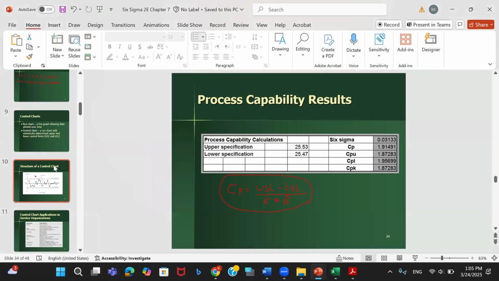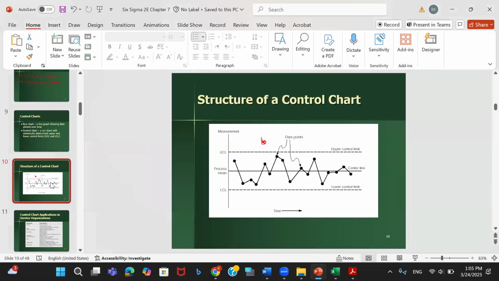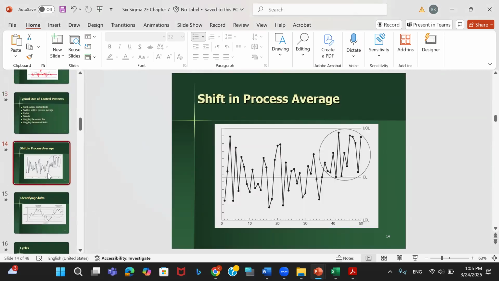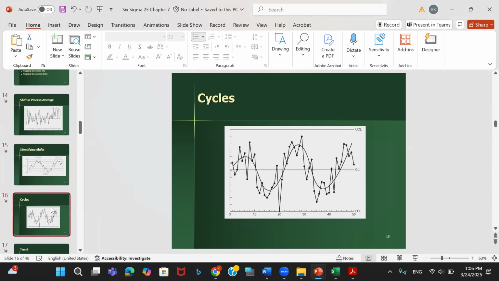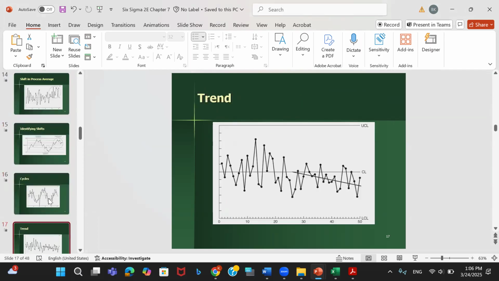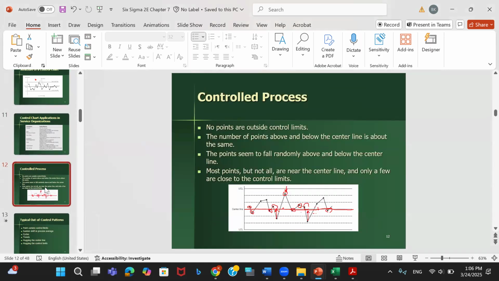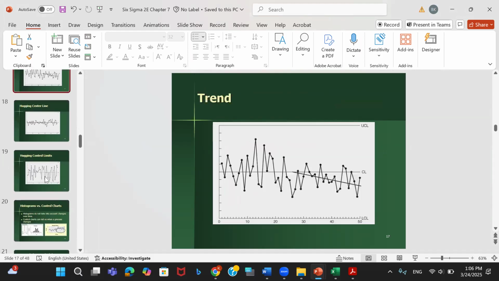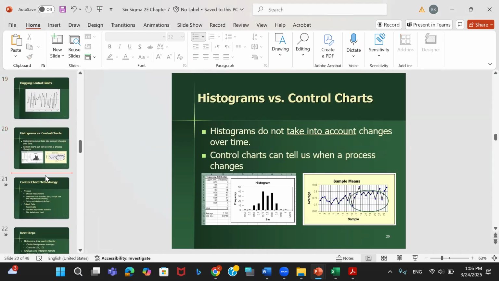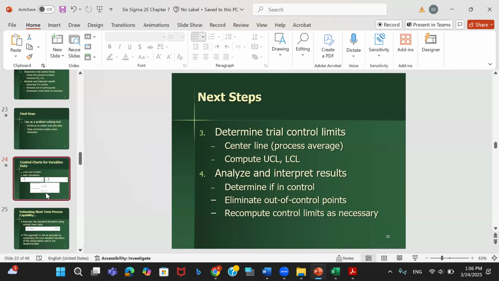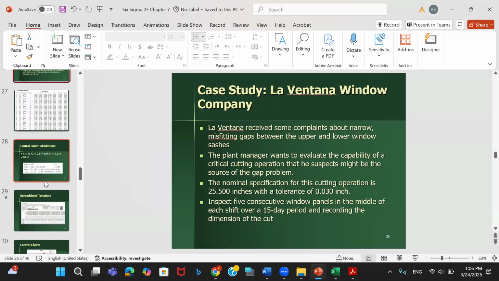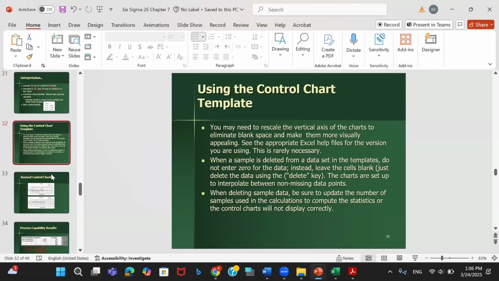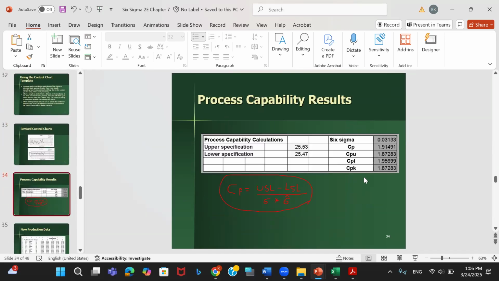I will go over a complete example where I build the control chart, find the limits, and calculate what we call the capability. I just saw the slide for the capability here. Yeah, here, Cp.